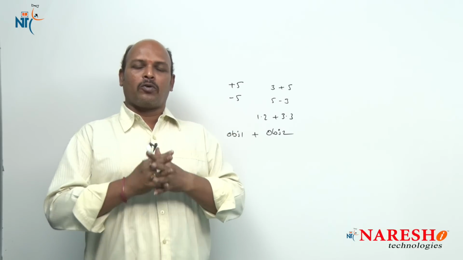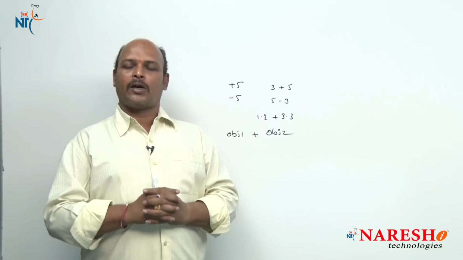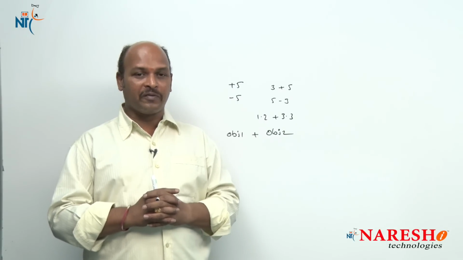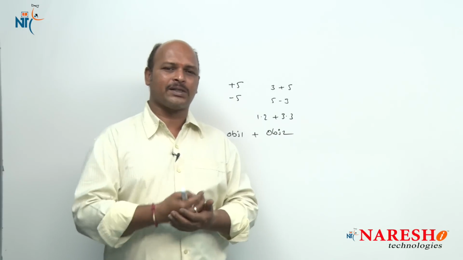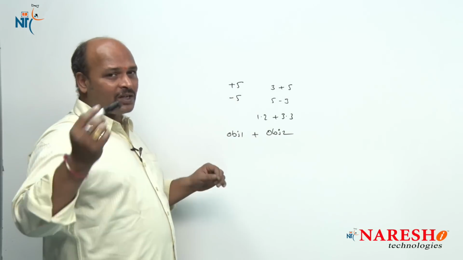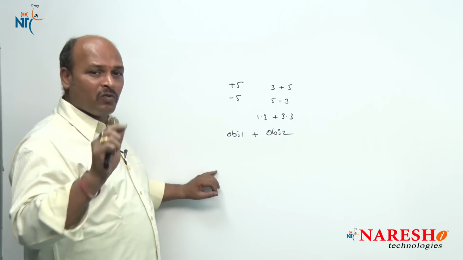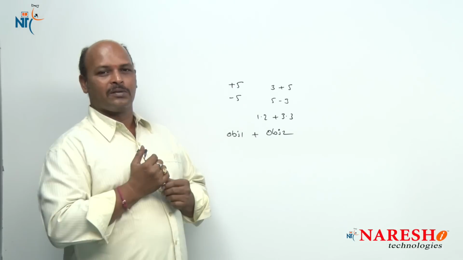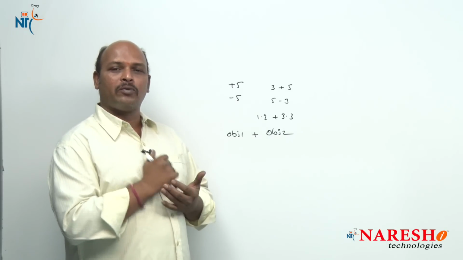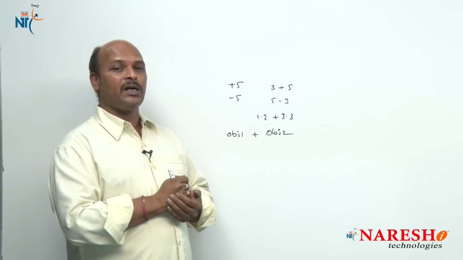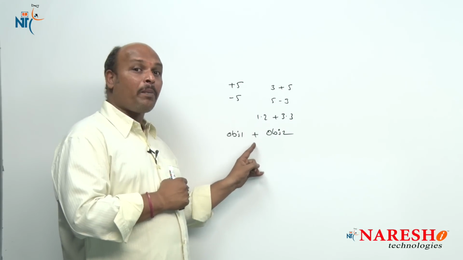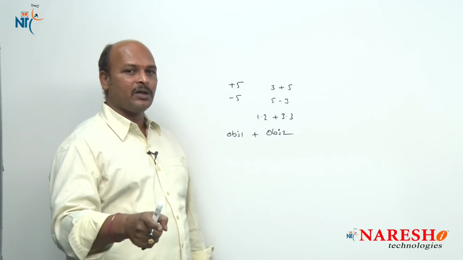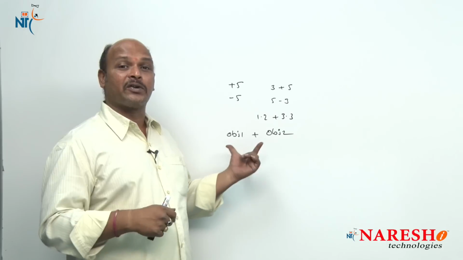The first operator overloading definition is: operator overloading allows us to define a function. See this, for example, in the general concept we use functions to perform a particular operation. But in operator overloading, we are using an operator instead of a function to perform a particular operation.